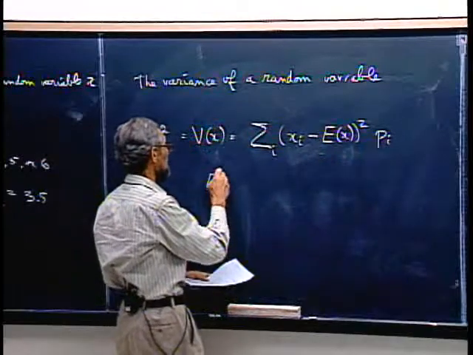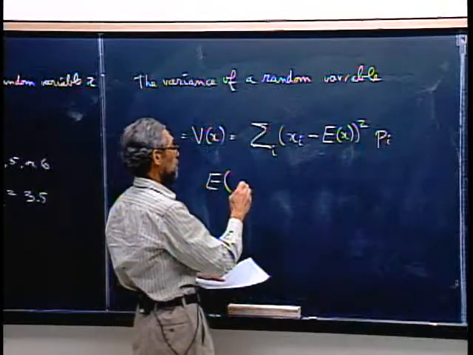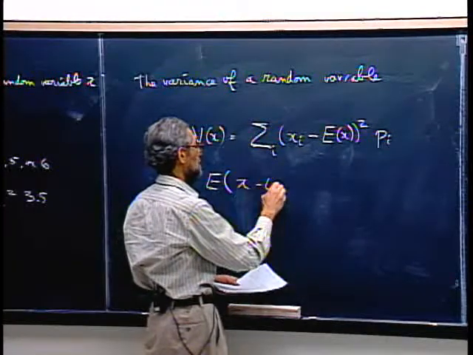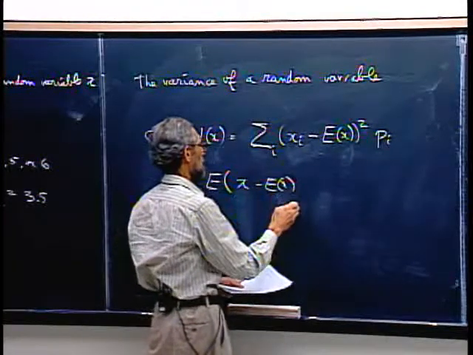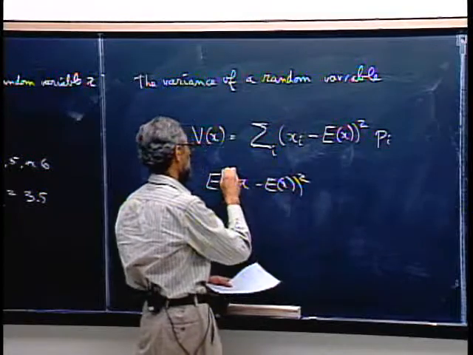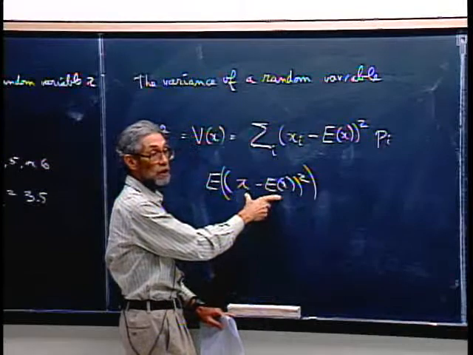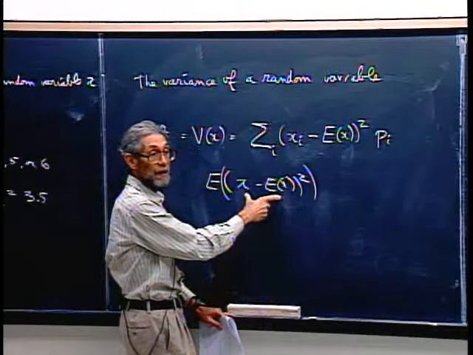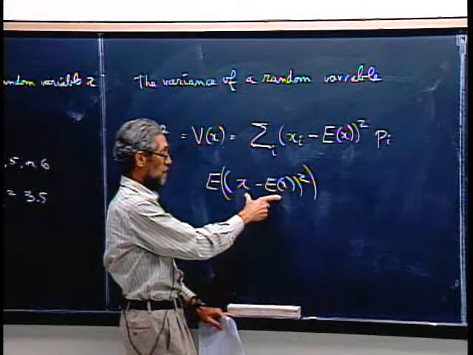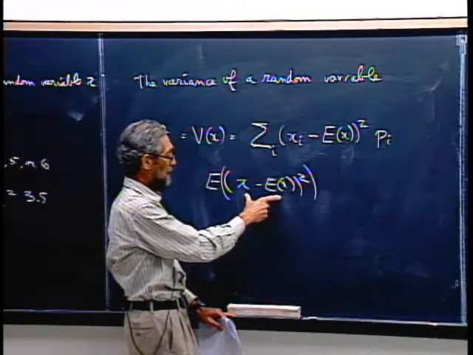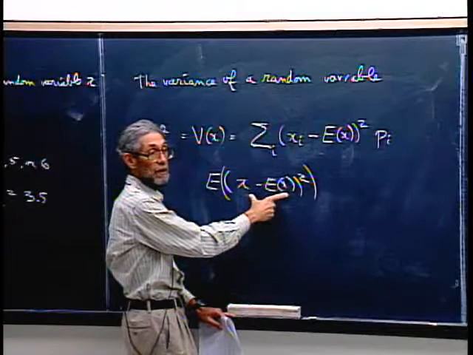So this is what it really is. It's the expectation of (x minus E of x) squared. So I'm going to put extra brackets here. This now is a function of x, and I'm taking the expectation of that function.